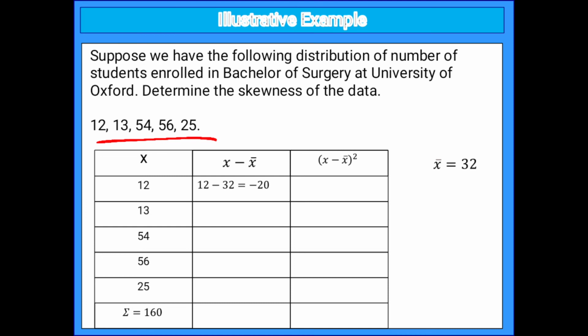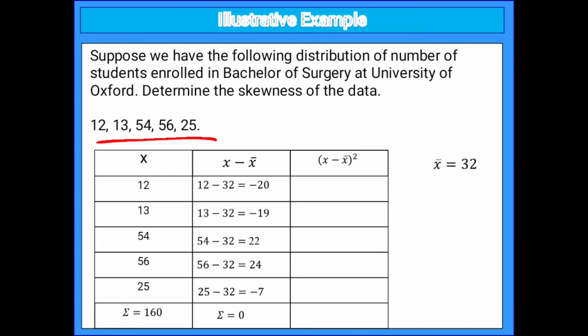So we have 12 minus 32 is negative 20, 13 minus 32 is negative 19, 54 minus 32 is positive 22, 56 minus 32 is positive 24, 25 minus 32 is negative 7. You already have an idea as well, because you already computed for the standard deviation on our last topic. When you get the difference between each of the values and the mean, and you get the summation of it, you're going to get a 0.